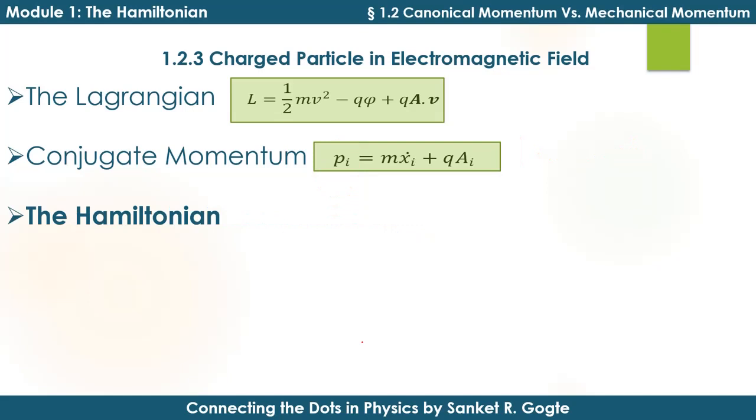Now let's find out the Hamiltonian. H is pi qi dot minus L. P I have already calculated, it is m xi dot plus q into ai. What I'll do to get this H is first keep H in terms of qi dot, or xi dot in this case.